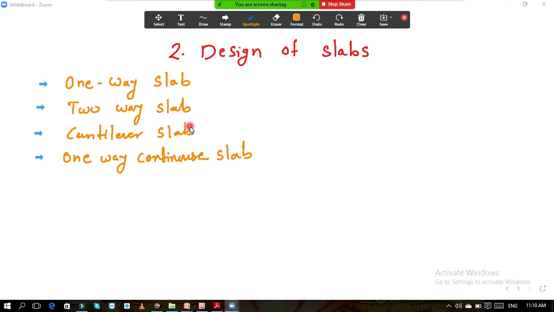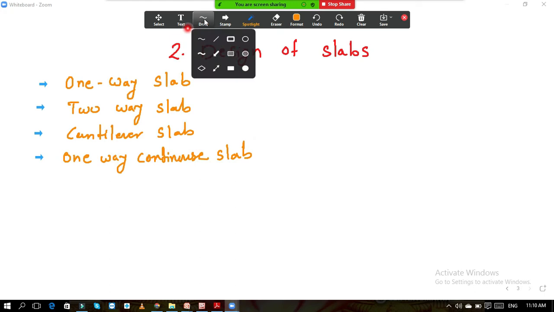Apart from these four types, there are also two-way continuous slab, flat slab, grid slab, and circular slab. Apart from these four, there are other types also, but those are not in your syllabus.